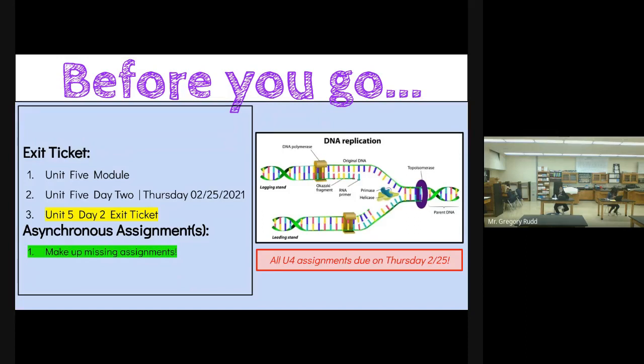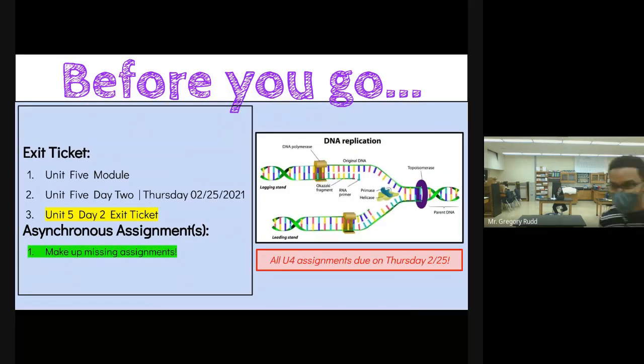This is DNA. Good. So you said the process that produces gametes. Got it. Okay, good job. Last one.